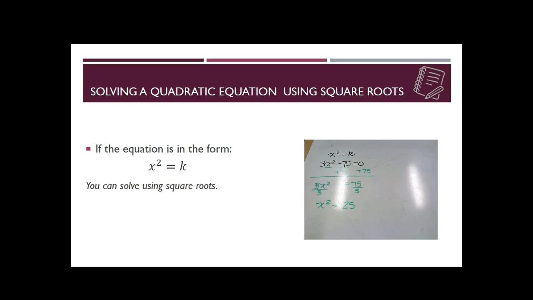Now the last step in this process is to cancel out that x squared. Many students will make a mistake on this very step. In order to cancel out the x squared, I need to use a square root. When I square root one side, I need to square root the other. So I'm left with x, and the square root of 25 is 5.